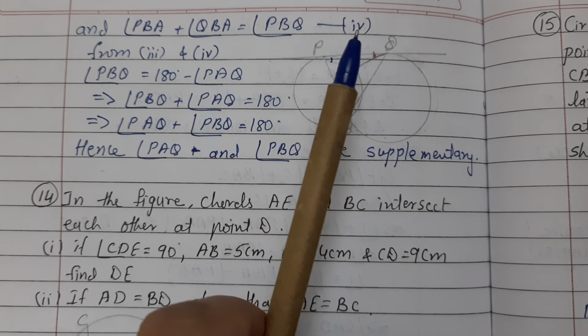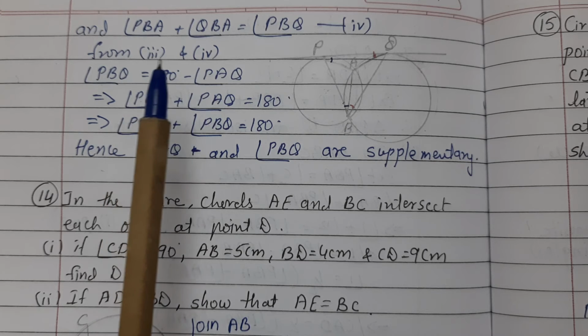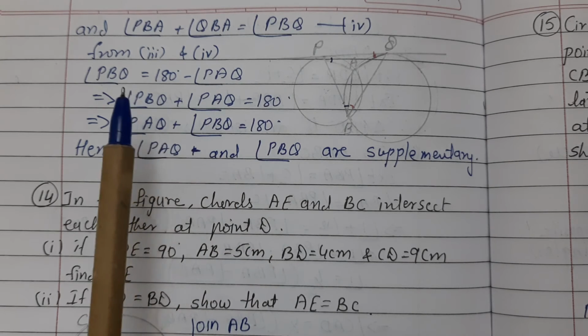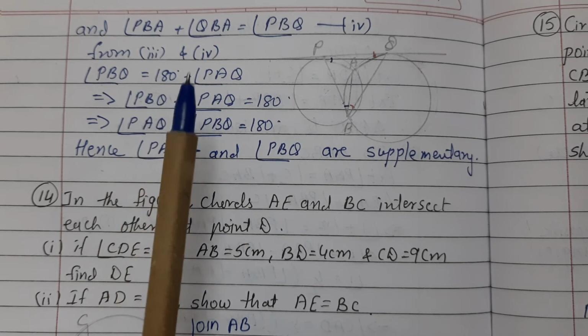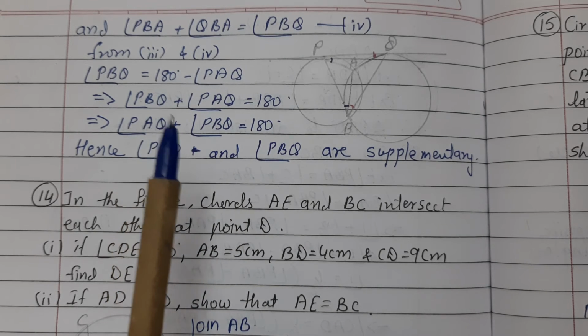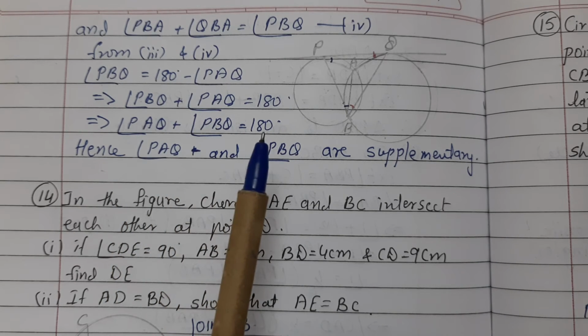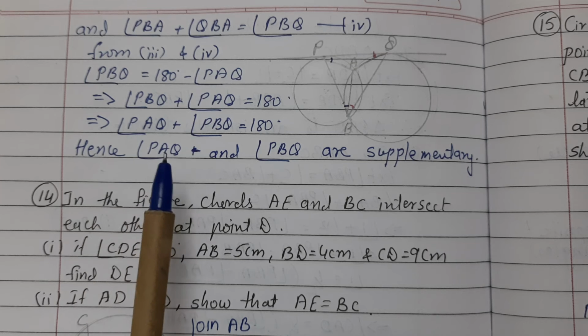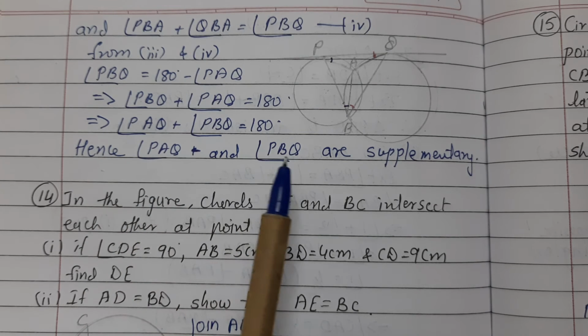Let that be equation 4. From 3 and 4, angle PBQ is equal to 180 minus angle PAQ. This implies angle PAQ plus angle PBQ equals 180 degrees. Hence, angles PAQ and PBQ are supplementary.